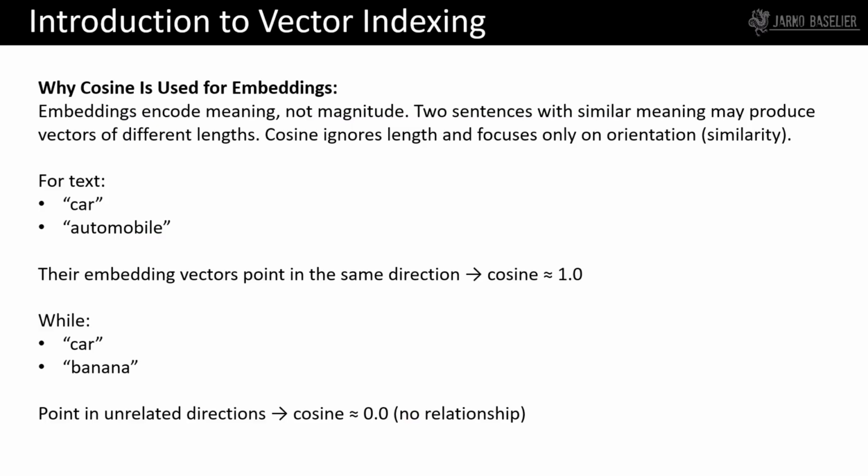So cosine will be approximately 1. While car and banana are different things, so the vectors will point in unrelated directions. In this case, cosine is approximately 0, which means no relationship.